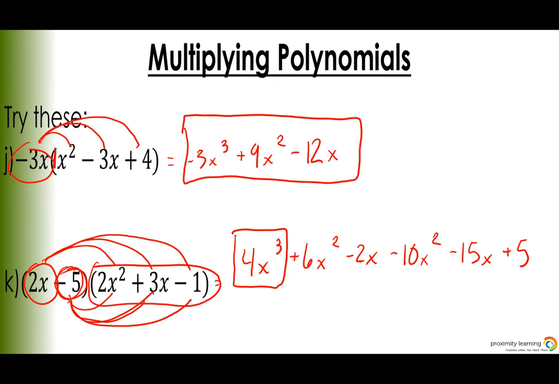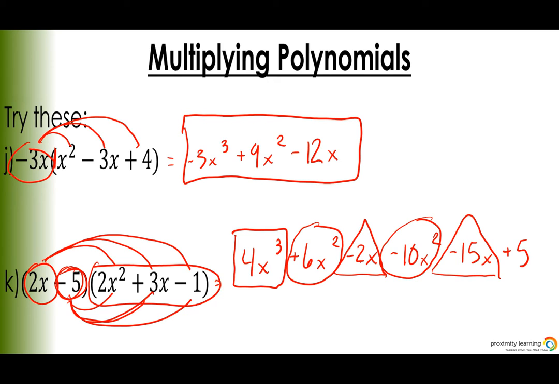So 4x cubed, there's only one x cubed. We're going to look at all the x squareds. There's an x squared. There's an x squared. That's it. Now we're going to look at all the x to the first. There's one. There's one. There's no more. We're going to look at all the constants. There's only one. He gets a little diamond.